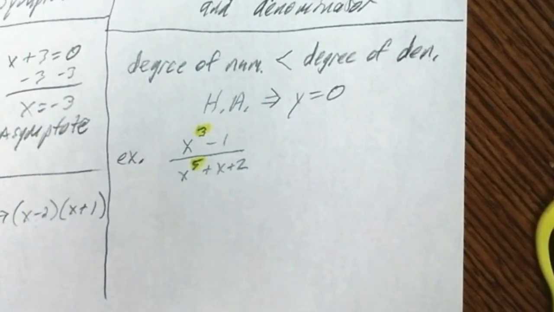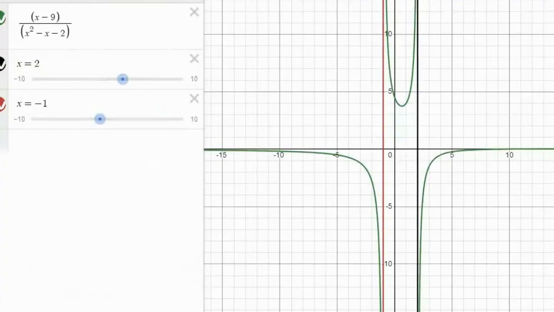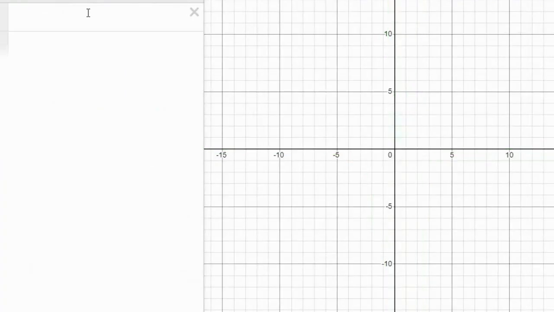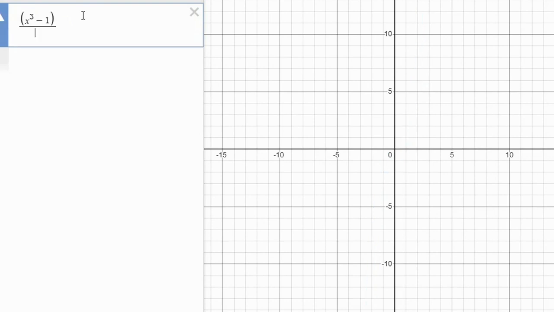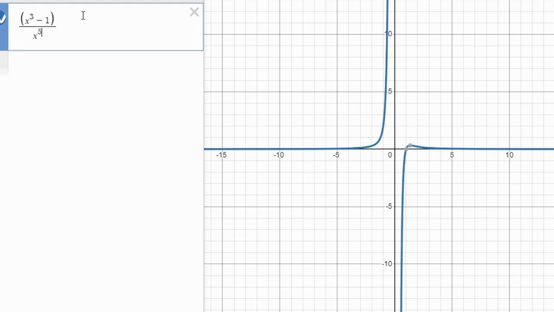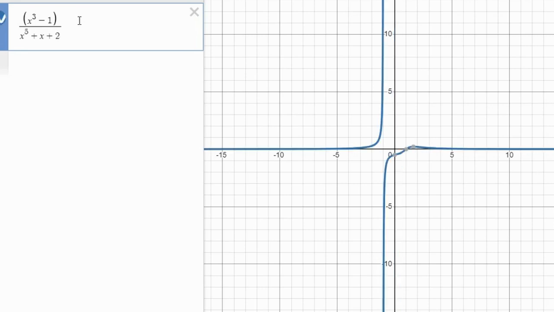Well, let's prove that to ourselves. Let's go back to here. We'll get rid of this. And I'm going to do x to the third. Oh, I got to put in parentheses. X to the third minus 1 divided by x to the fifth, plus x, plus 2. It's got a horizontal asymptote at 0.